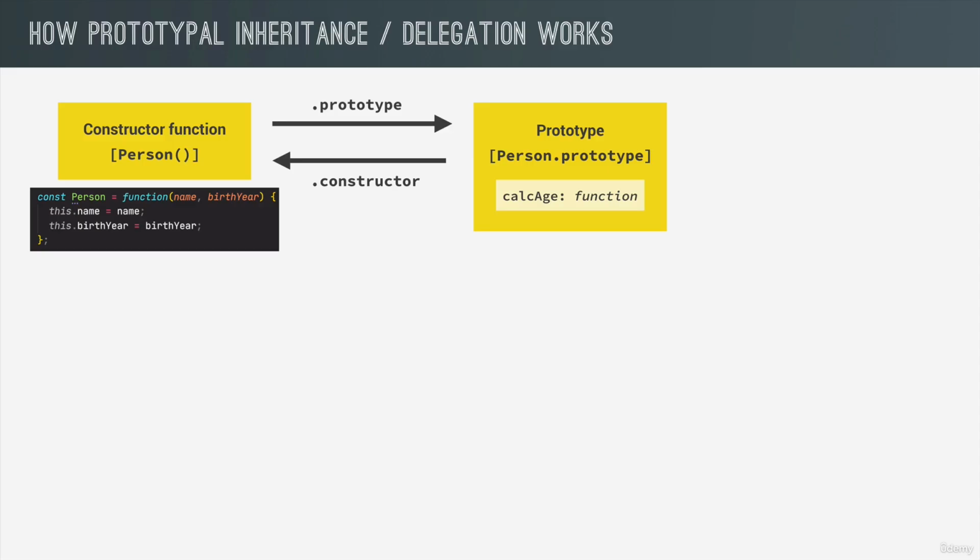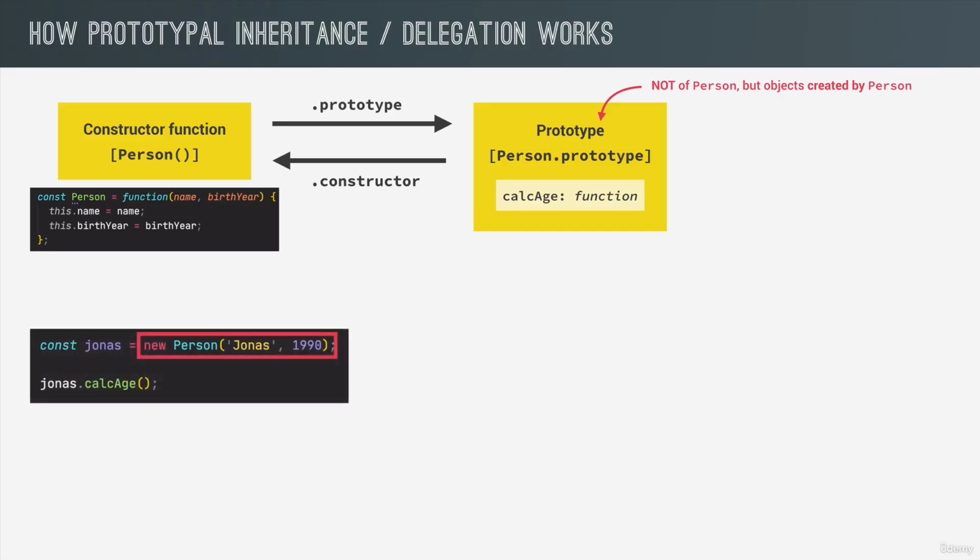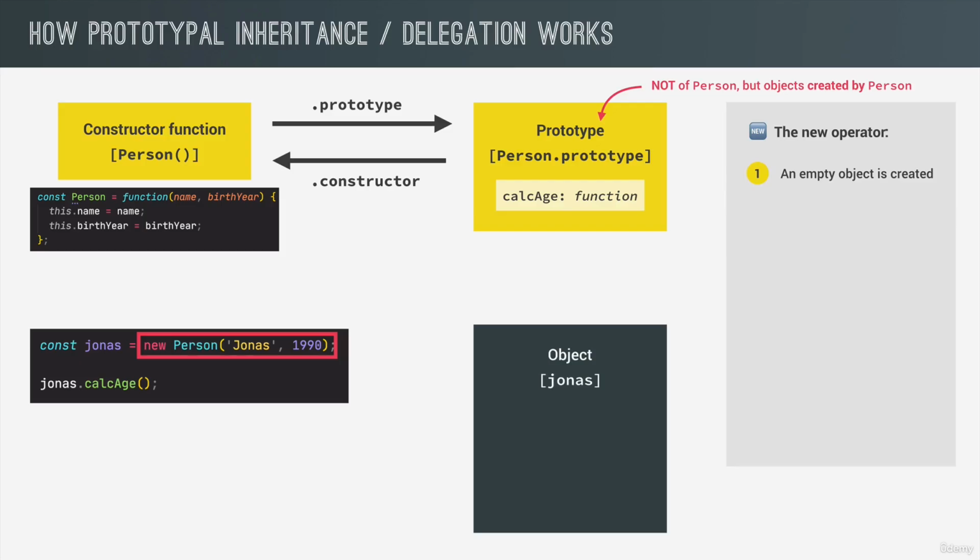Now remember, Person.prototype is actually not the prototype of Person, but of all the objects that are created through the Person function. And speaking of the created objects, let's now actually analyze how an object is created using the new operator and the constructor function. So when we call a function, any function with the new operator, the first thing that is going to happen is that a new empty object is created instantly.